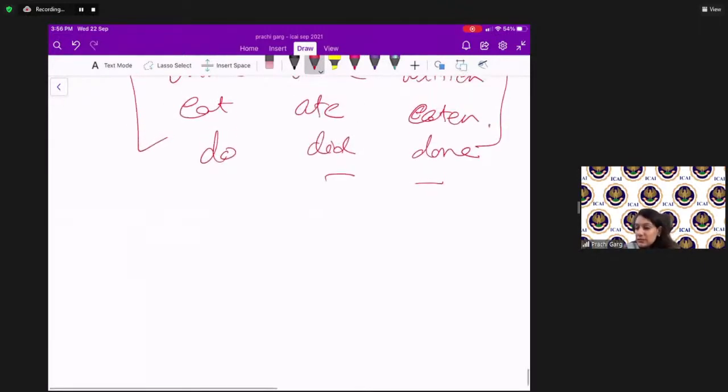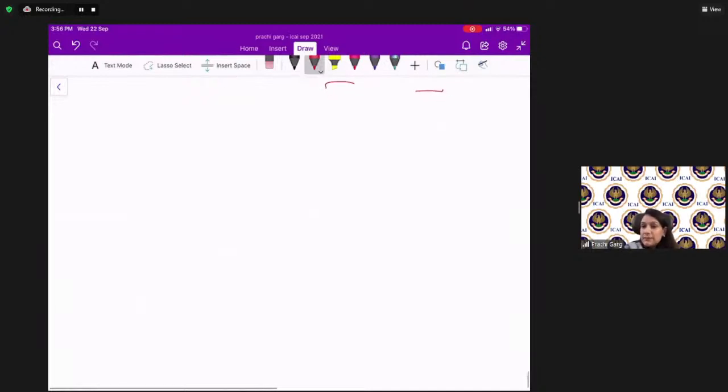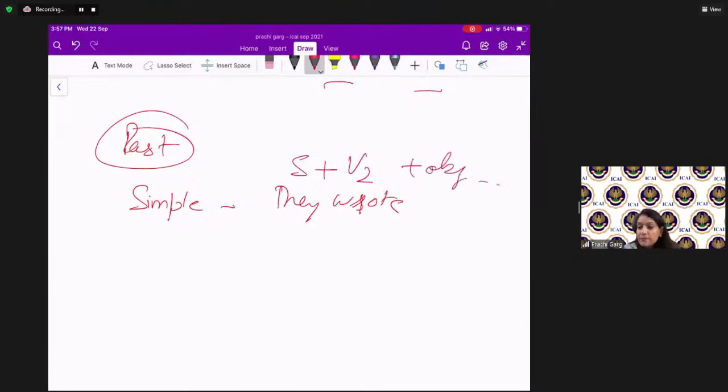Now I will just take this only. Let's start with the types of past tense. In the simplest form, it says they write, they wrote. The structure for the simple past is subject plus second form of the verb, plus object if you need.